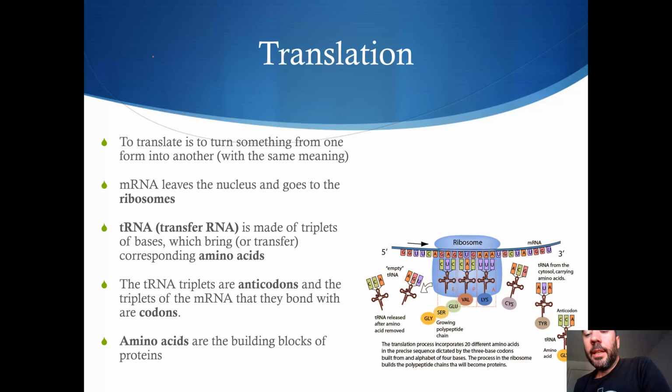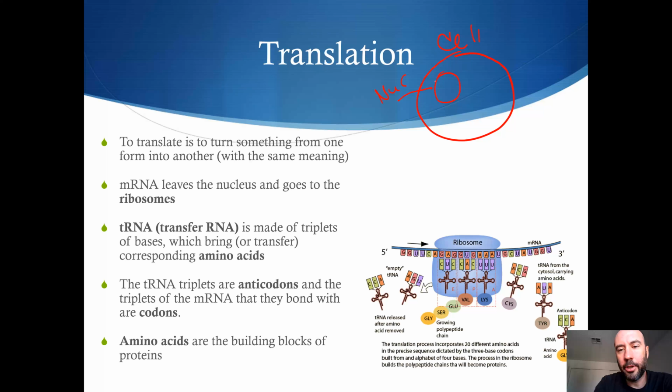Okay, so you've got your little messenger RNA or mRNA that's created in the process of transcription. Now, let me just draw a cell, and you've got your nucleus.